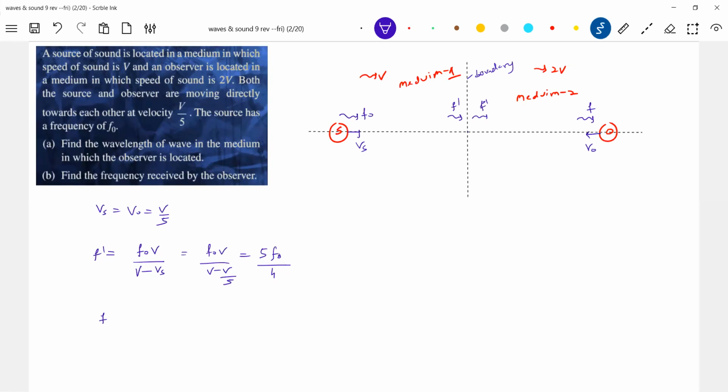Okay, let's go for the frequency received by the detector, which should be f dash.